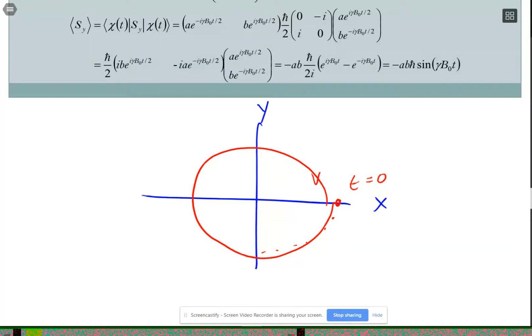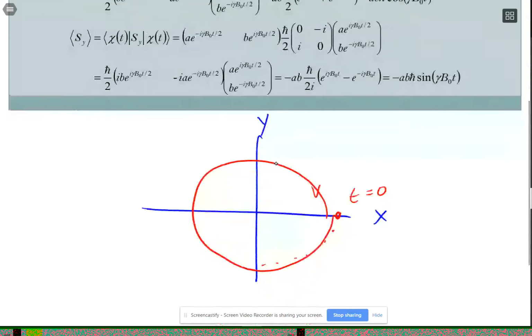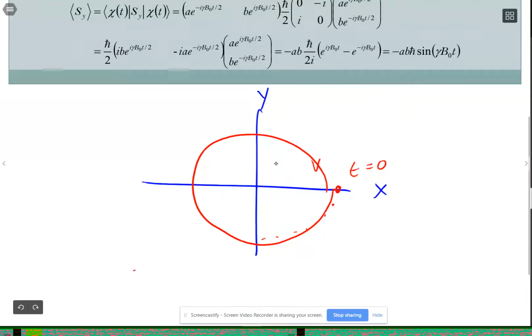And what's the frequency of the precession? Well, you can see on the screen, we have sine of gamma B0 t. So what's the frequency? Omega is gamma B0. Now, notice I said the frequency. You might have wanted to have it in units of hertz rather than radians per second.